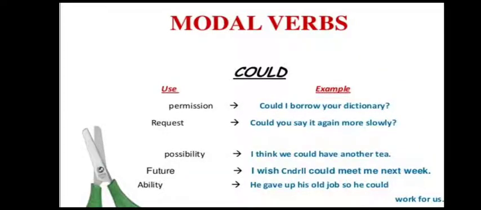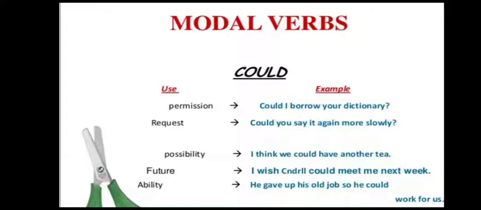Now, the next modal is could. Here are the uses of it with examples. First is permission. Both could and can are used. Can is used in an informal way. Could is used for taking permission in a more polite way. When you want to be more polite, you can use could.